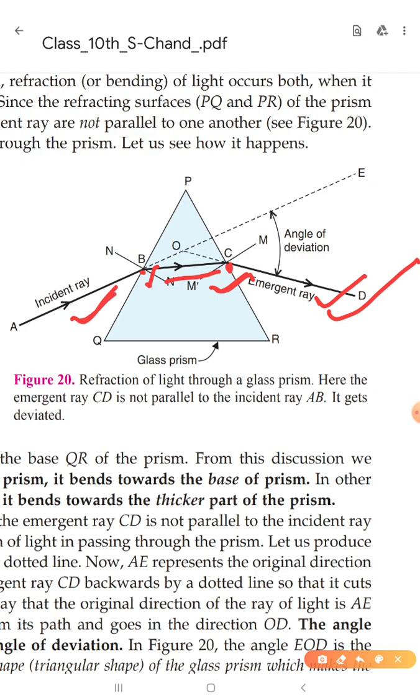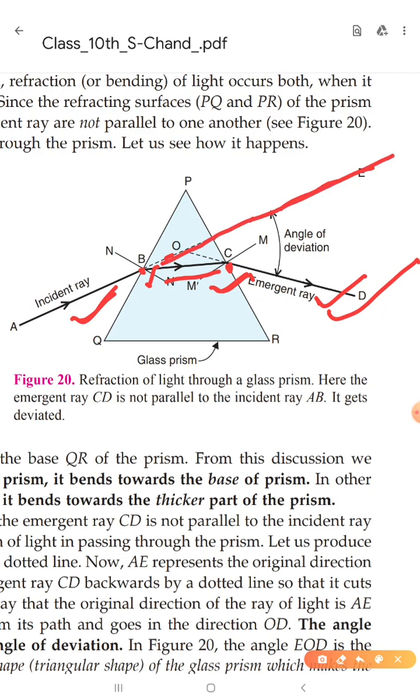If suppose there were no prism, how would this incident ray move? You know this: it will move in a straight line. So we can draw it like this. If there were no prism in front of that incident ray, the light would move in a straight path like that.